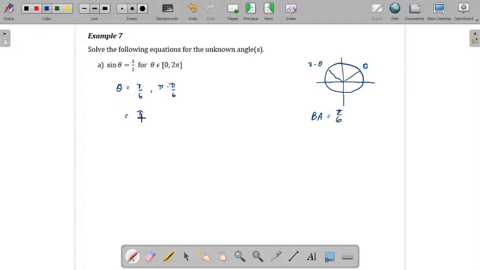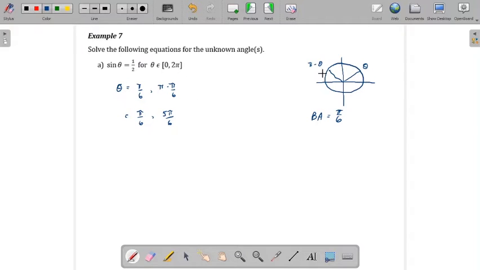Okay, so we've got pi on 6 and 1 pi minus pi on 6. Now the easiest way to do this, I find, is just to change my pi into a fraction over 6. So 1 pi would be the same as 6 pi on 6. So 6 pi on 6 minus 1 pi on 6 is 5 pi on 6.